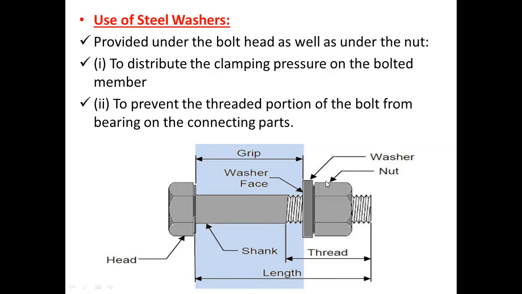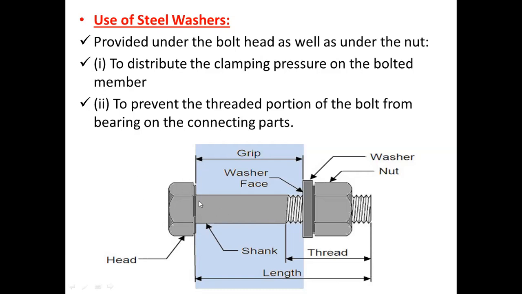Next, the nut is provided below the washer, as shown in this figure, right? The washer is provided, and these are the two uses of steel washers. Washers are provided to distribute clamping pressure on the bolted connection, and to prevent the threaded portion of the bolt from bearing on the connecting parts, right? So there are different types of parts.